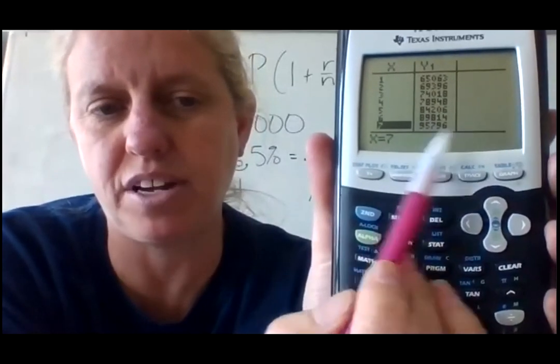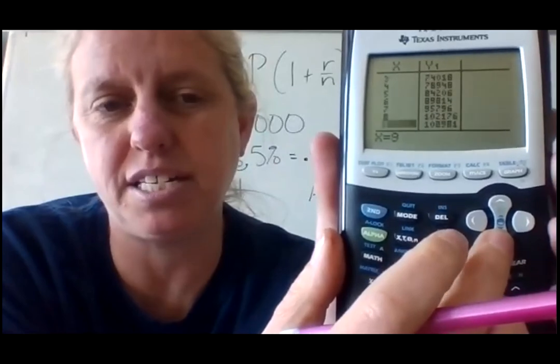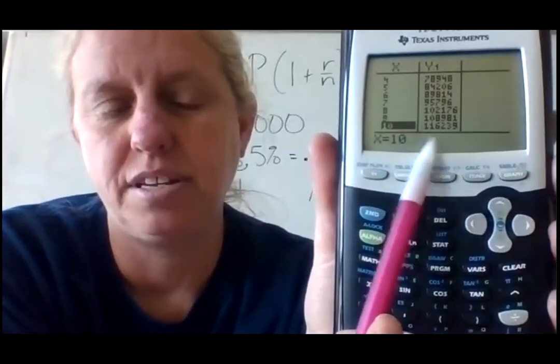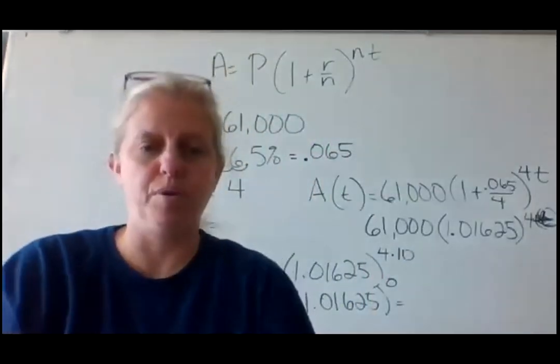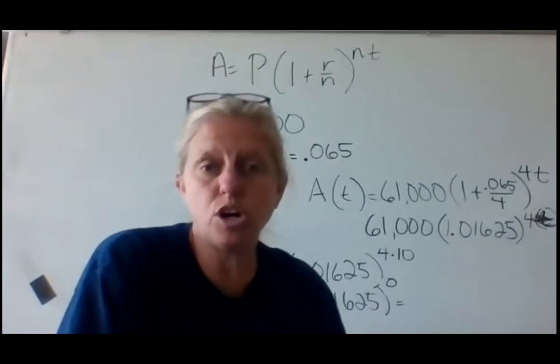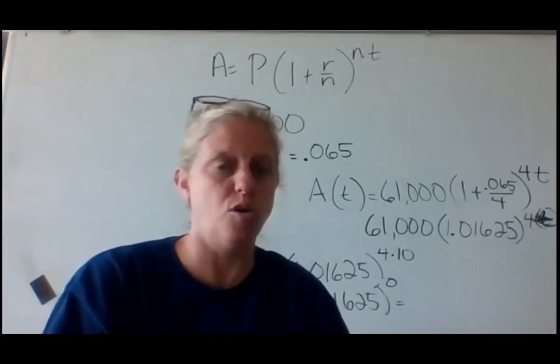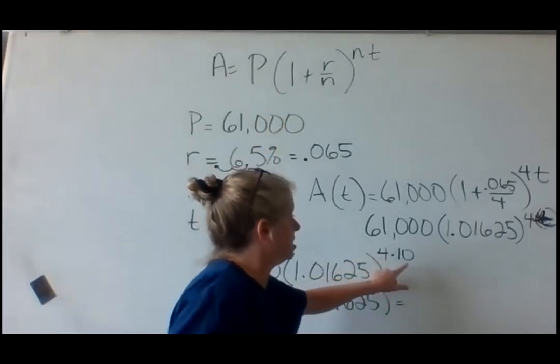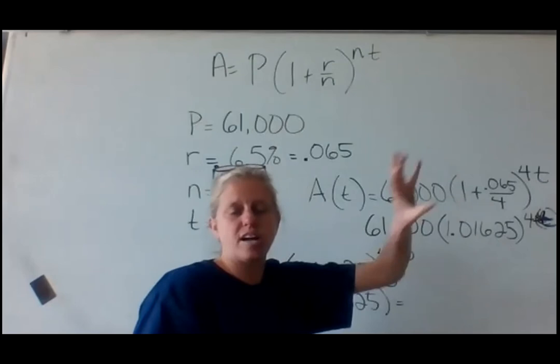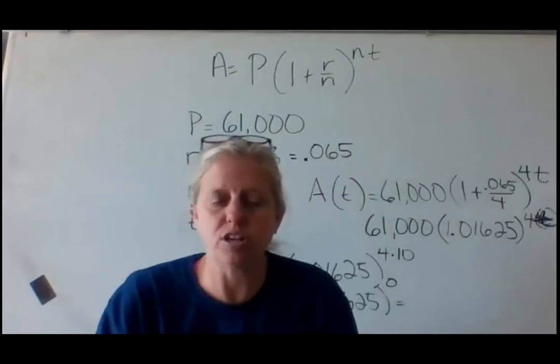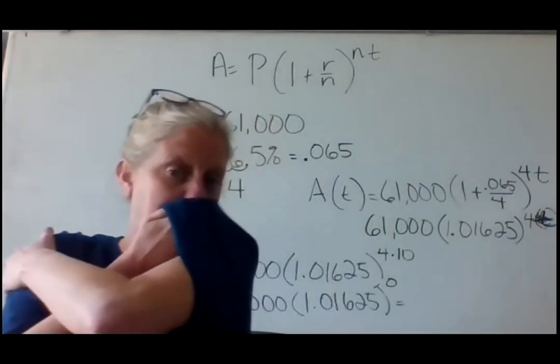Here's what we got for the 7. And then we did 10. There's what we got for when we put in 10. So you could put that in your y equals when you're doing this at home, and then just keep changing the x to whatever the year is, right? Because that's your variable. That's your number that's changing.